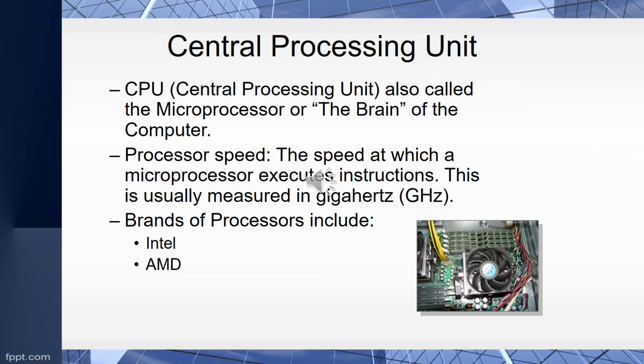The Central Processing Unit, or CPU, is the heart or brain of the computer. The CPU consists of the microprocessor and supporting microchips that are fitted on a big printed circuit board called the motherboard and connected to each other via the bus.